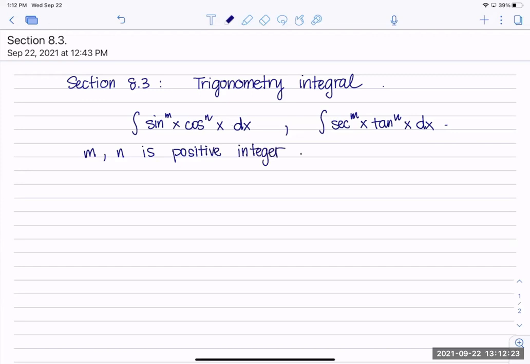If the trigonometry function falls into these two forms, below are some techniques to solve this type of integral. Let's first talk about the integral that involves sine to the power m x and cosine to the power n x.